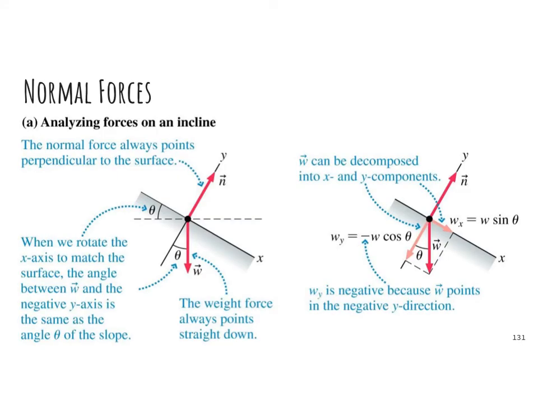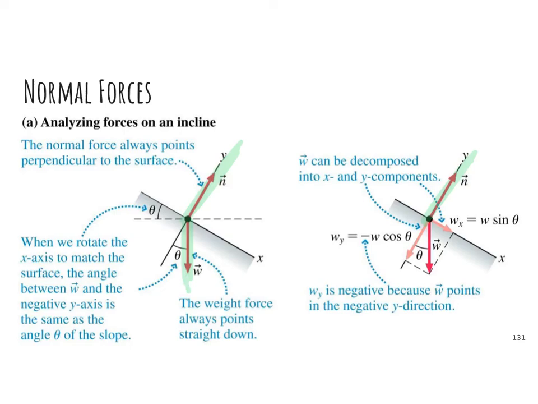Okay, but anytime that we're not on a flat surface, we could be on, for example, an inclined surface. Anytime we're analyzing forces on an incline, the normal force still has to point perpendicular from the surface. What we won't do is change the way that the weight force is.